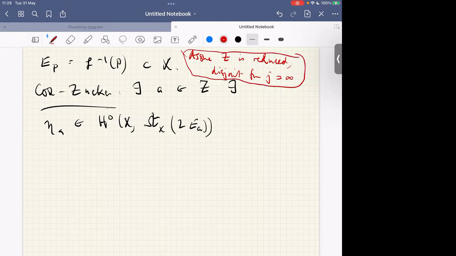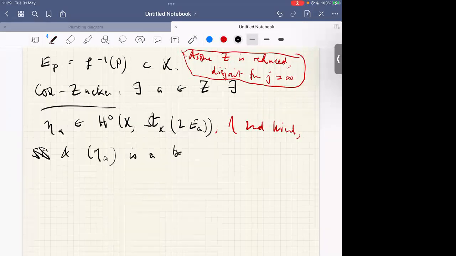In fact, the ramification divisor being disjoint from the locus where J is infinity is equivalent to our assumption that all the singular fibers were as simple as possible. Such that this collection of 2-forms of the second kind is a basis of the primitive H^{1,1} of X.